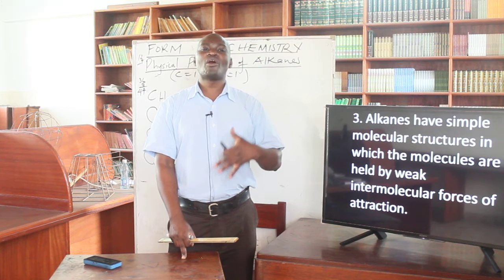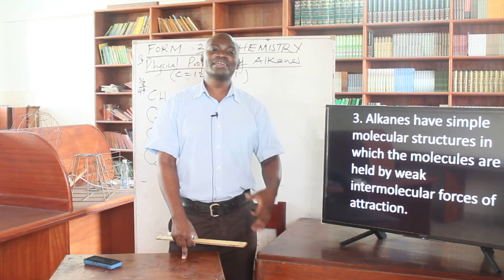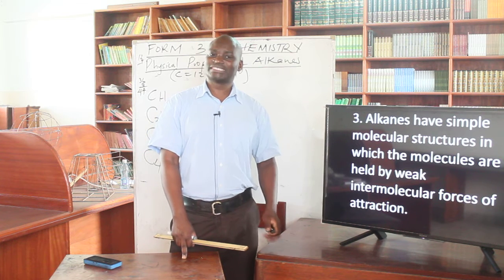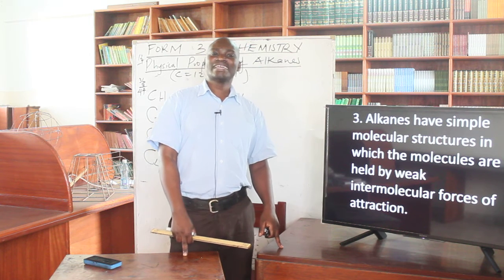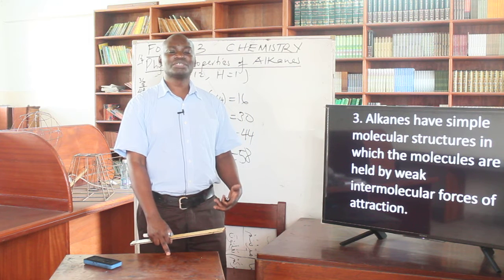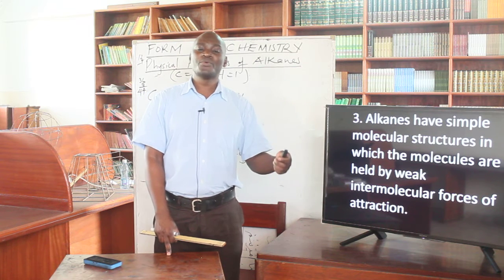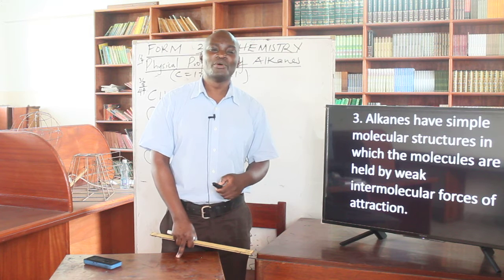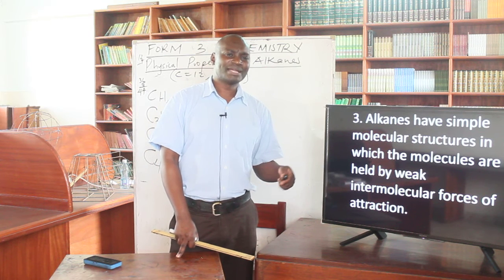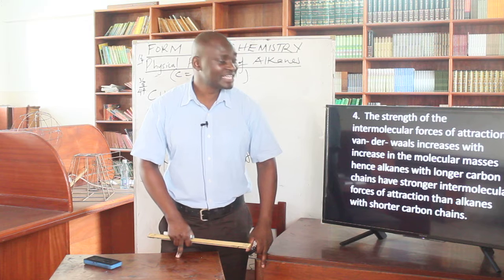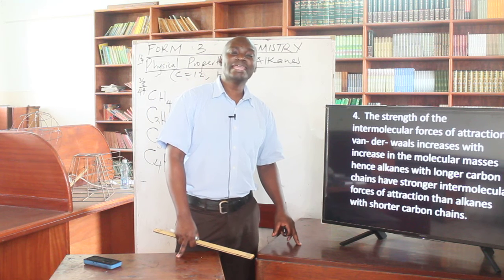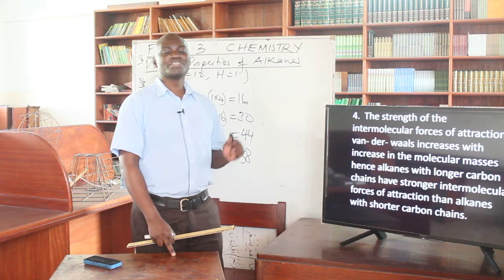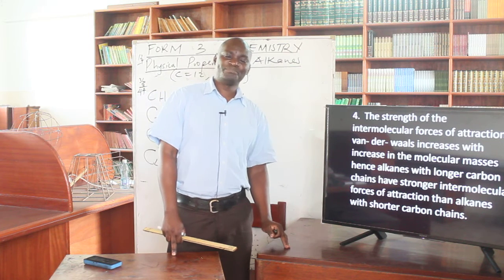An example of a weak intermolecular force of attraction is the van der Waals forces. So alkanes consist of molecules which are held by weak van der Waals forces or weak intermolecular forces. But are these forces the same in strength? That is now what we must explain.